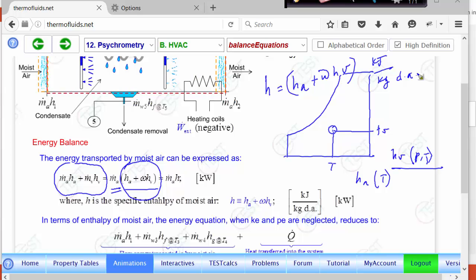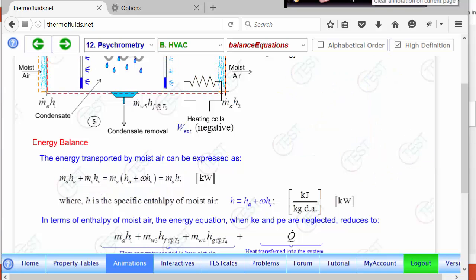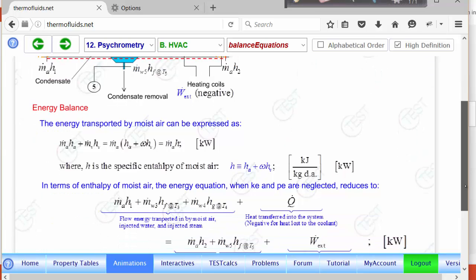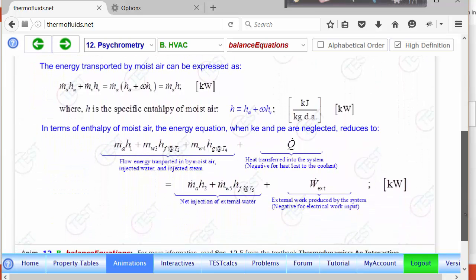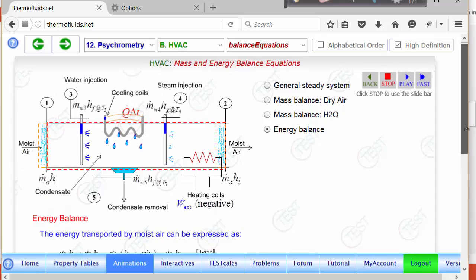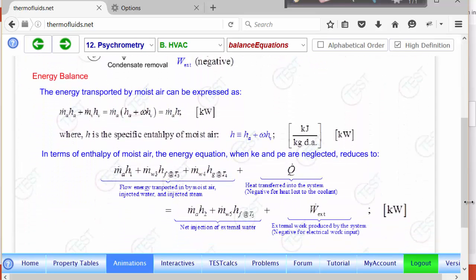So if we can tabulate that new moist air enthalpy, the energy equation can now be rewritten. The standard energy equation is the energy carried by the flow.